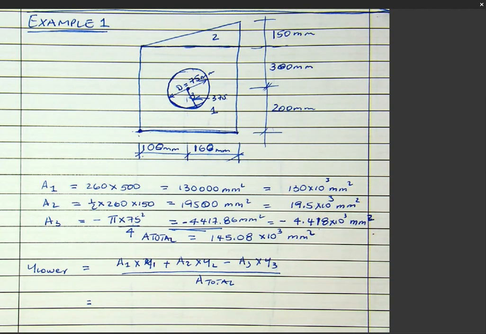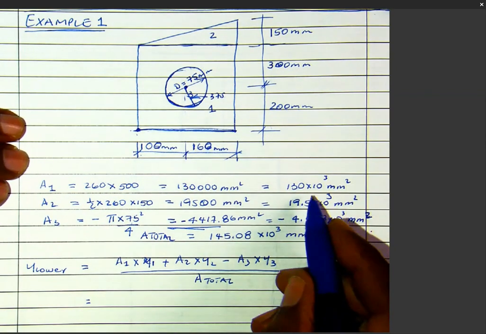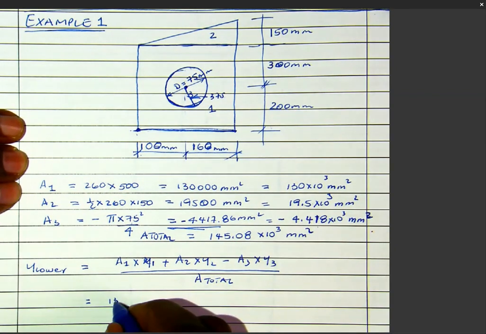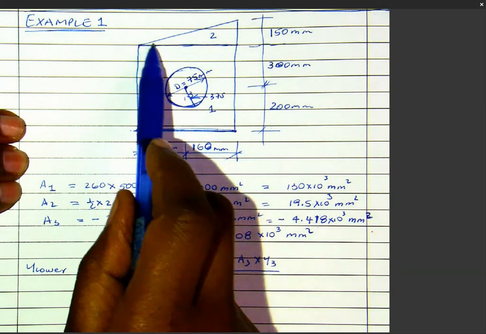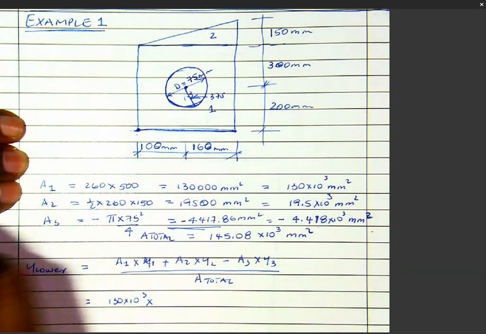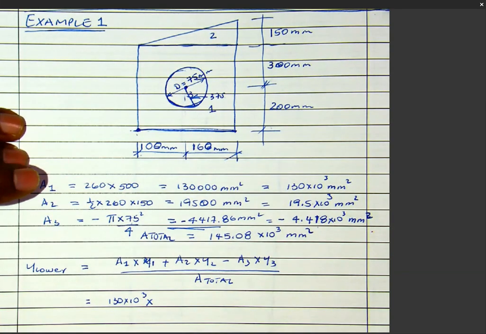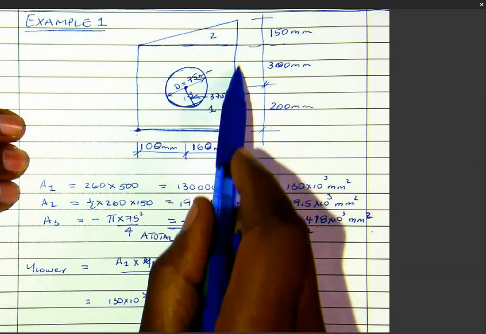Okay, what is area 1? There's area 1. 130 times 10 to the power 3 times, what is y1? Remember, you're ignoring everything else and looking at area 1.